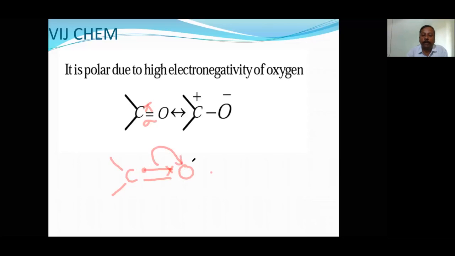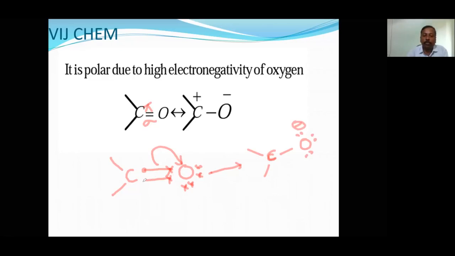So because of that, after this what happens? The electron density will be increasing on the oxygen. Initially, before this process, oxygen already has 6 electrons. Okay. But when this electron also comes over here, then how many electrons will there be? 7 electrons will be there with a negative charge.